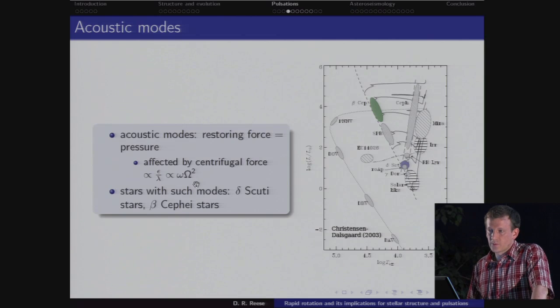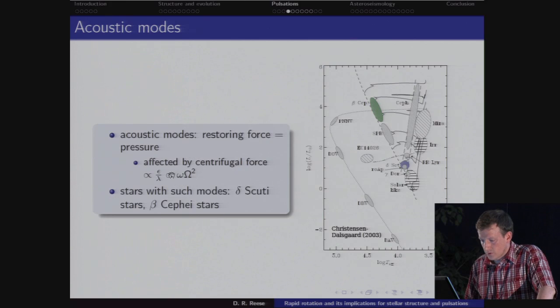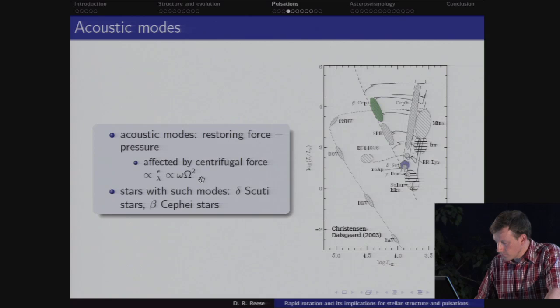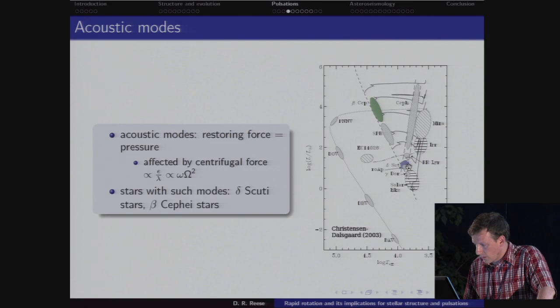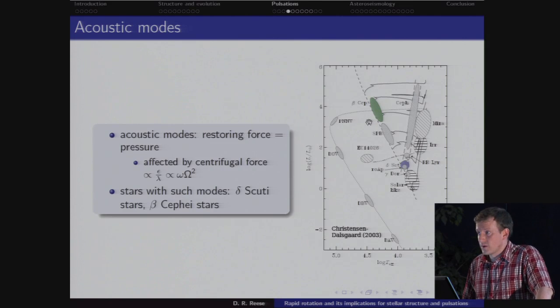If you express this in terms of the rotation rate and the pulsation frequency, then it will be proportional to this quantity right here. The stars which are the most affected by rapid rotation, which are acoustic pulsators, would be delta Scuti stars, which are shown right here, and beta Cephei stars.